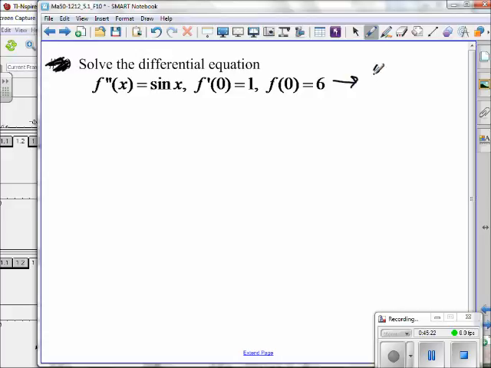The question is, what is the function that would yield this second derivative and have this first derivative value when the input is 0? That's what we mean by solving the differential equation.